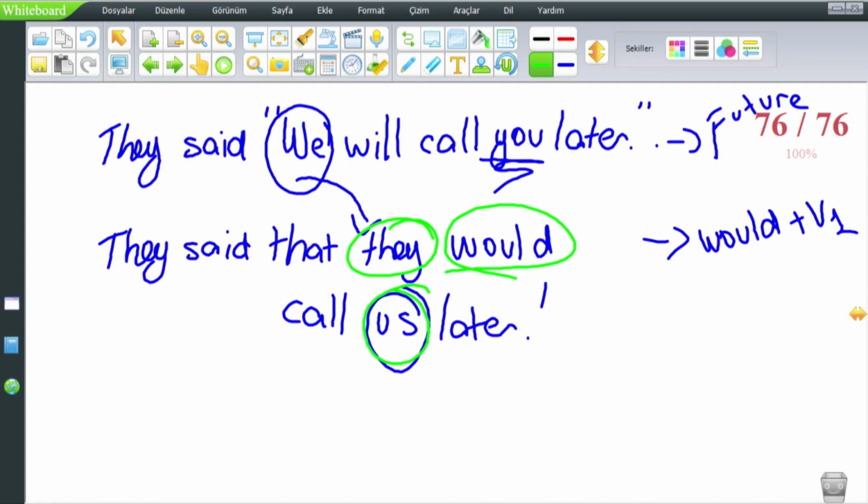These are the important parts. They said that they, I transformed we into they, will into would, and you into us. Be really careful with pronouns.